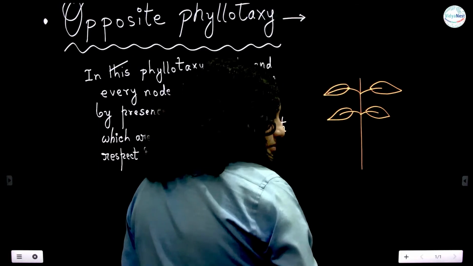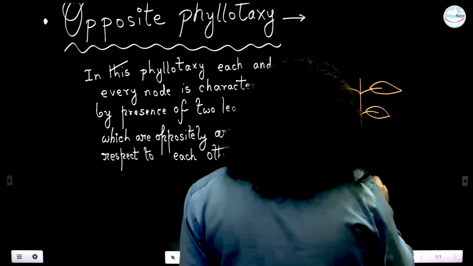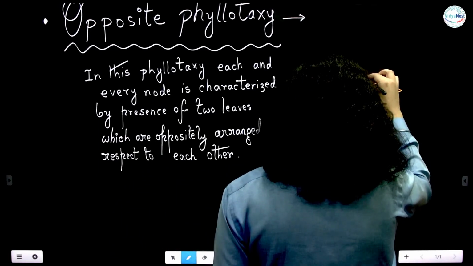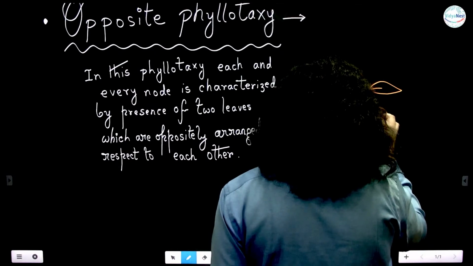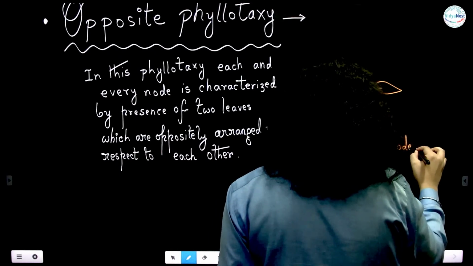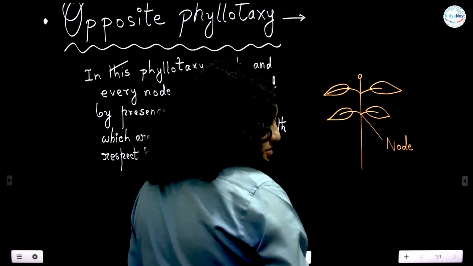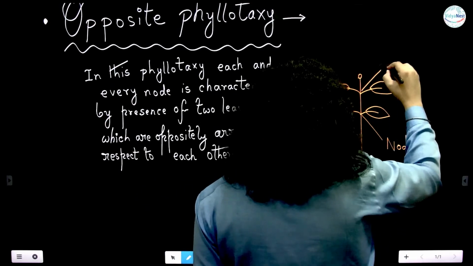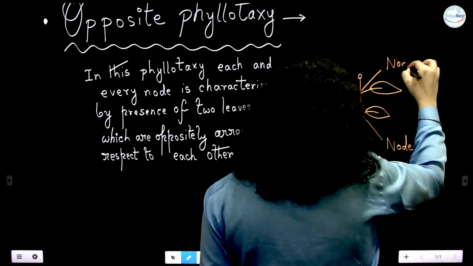So you can see that this is the apical bud. You can see that this is one node. How many leaves are present in this node? This is another node. Tell me, how many leaves are present?